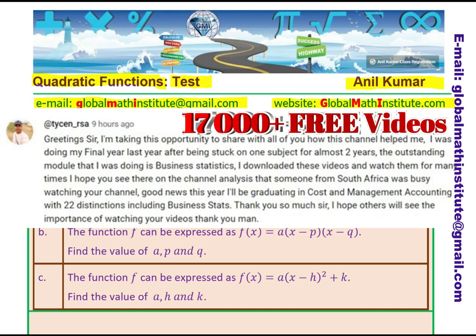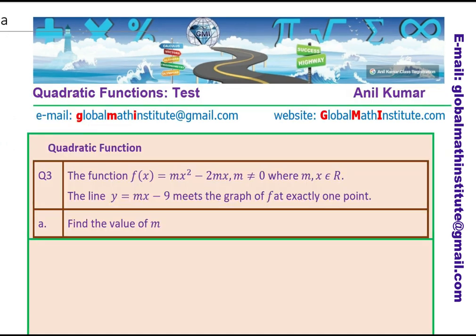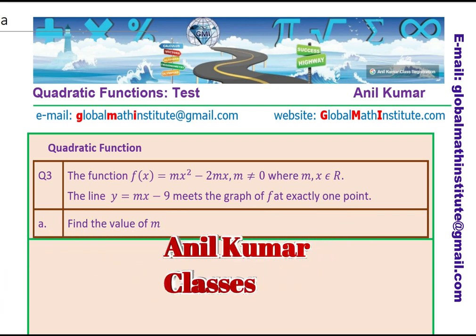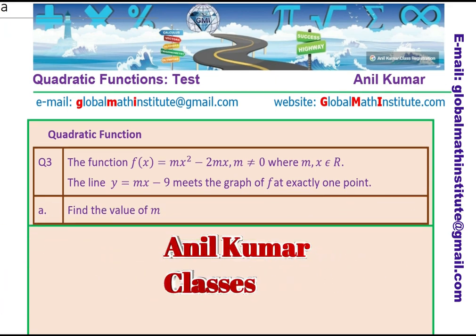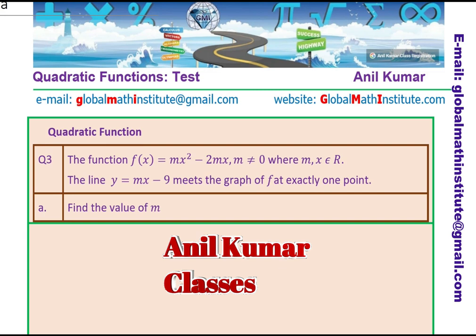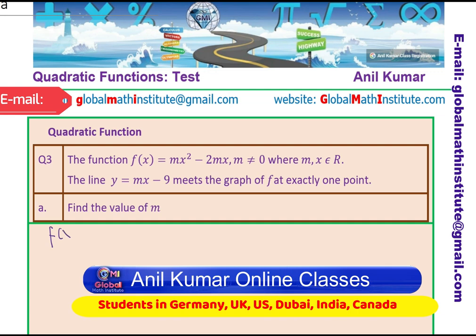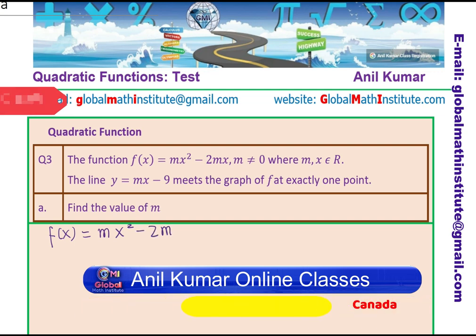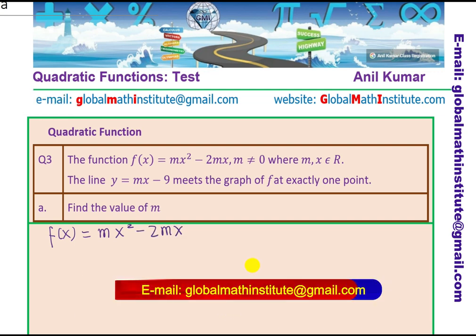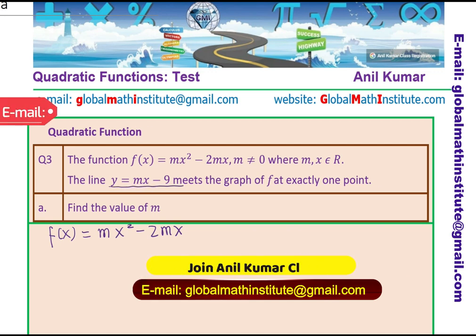Okay, great. So let's look into the solutions one by one. The very first one is to find the value of m, given the condition. We're given that f of x is equal to mx squared minus 2mx, and that the line y equals mx minus 9 meets the graph at exactly 1 point.